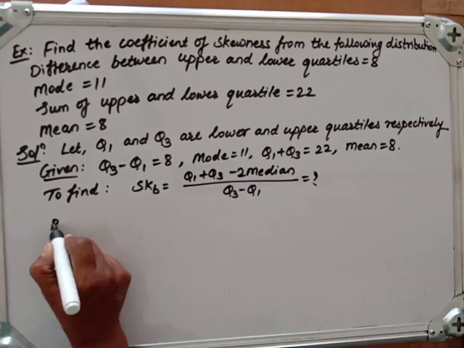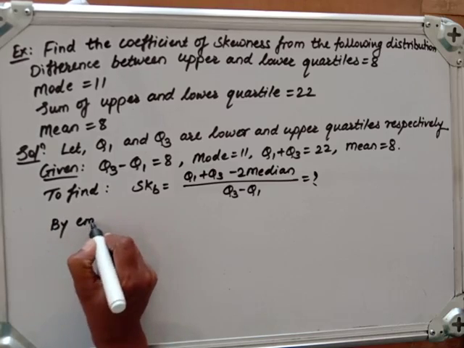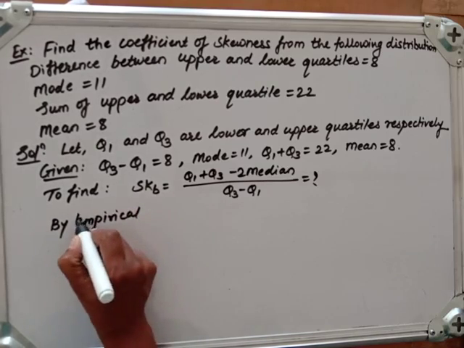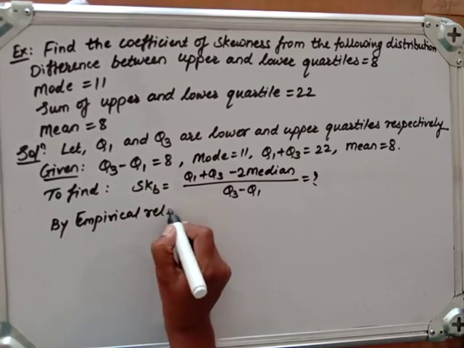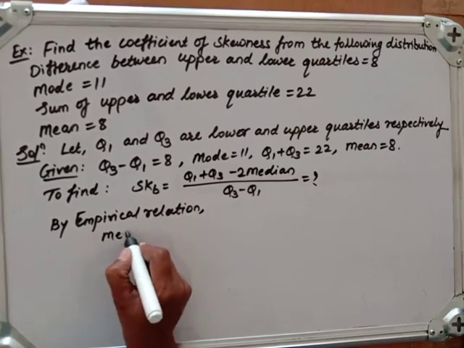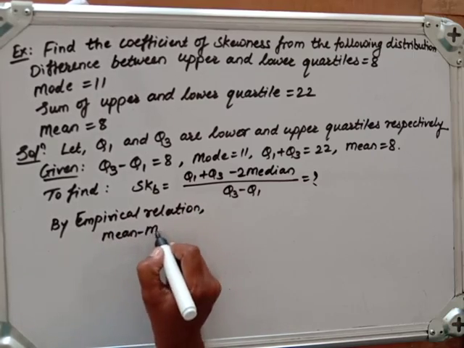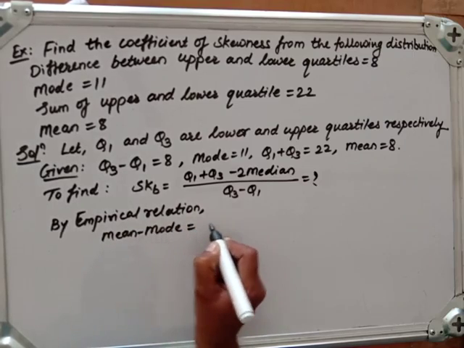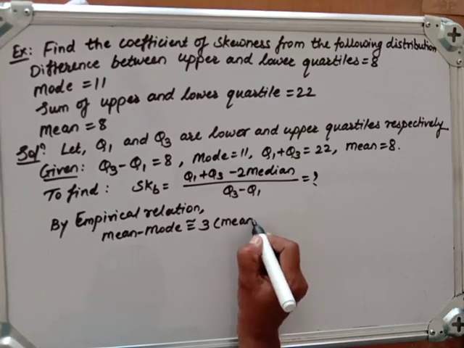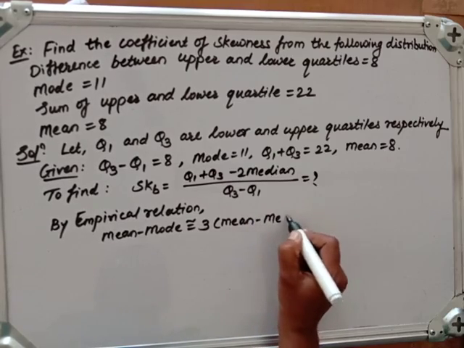By the empirical relation, mean minus mode equals 3 times mean minus median.